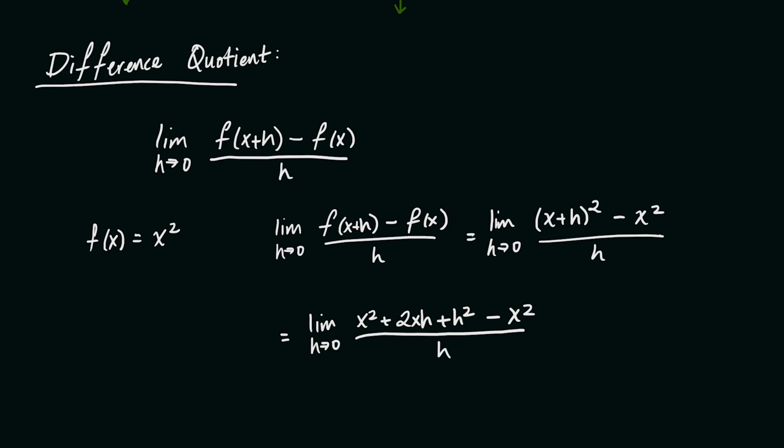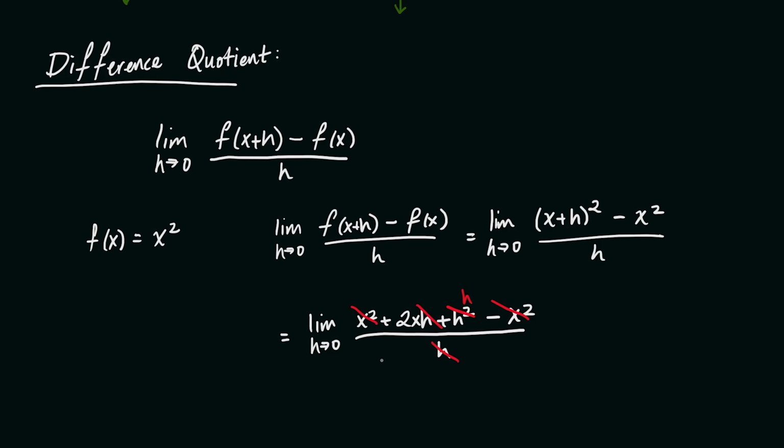Now, we can see a few terms that we can cancel out. We have a positive x squared and a negative x squared, so those we can cross out. And then we have h as a denominator, right? But we can use a certain way to factor it out, right? So 2xh over h is just 2x, right? So we're going to cross that out. And then h squared over h is just h. Cross that out and make it h. And of course, the denominator also cancels out because we just used up all of the denominators, right?